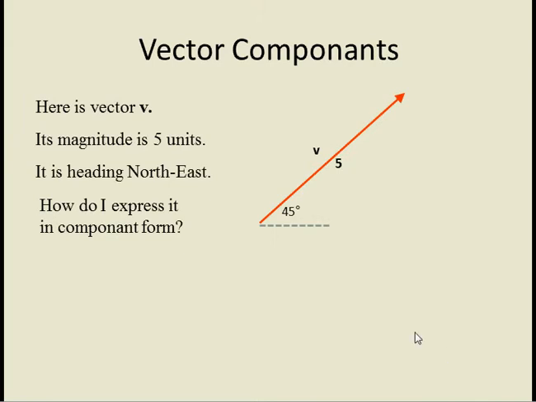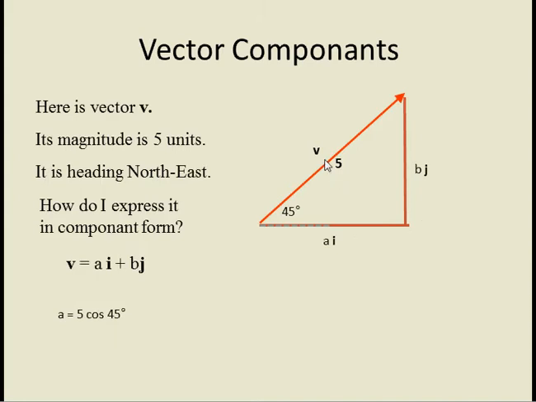So here's a vector that has magnitude and direction. Its magnitude is 5 units, heading northeast. How would you write that in component form, or even as a column vector? Well, let's draw in the components. So 5 units heading northeast is ai plus bj. Going back to really simple trigonometry, a is 5 cos 45.